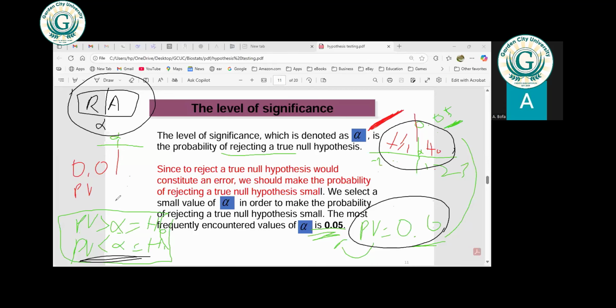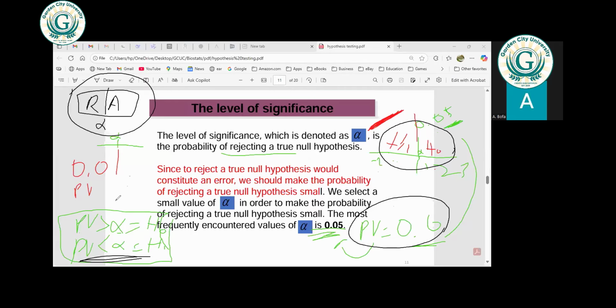So if it's 0.06, let's try and relate it to rejecting and accepting the first statement. The null hypothesis was the visit by the health workers did not improve contraceptive usage. And then the alternative was that the visit by the health workers improved contraceptive usage.